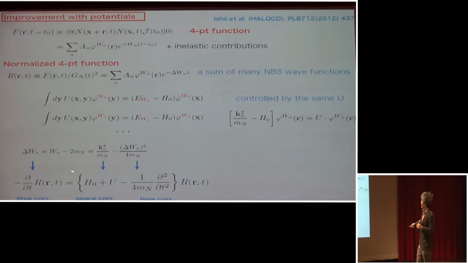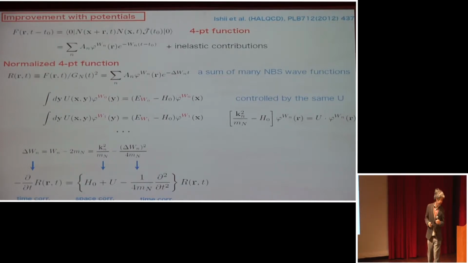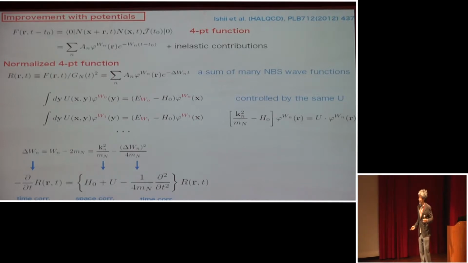Therefore, we can replace this W_n with the time derivative of this one, and W_n squared is the second time derivative, and this k_n squared, using this definition, is equal to U plus H0. So using this quantity R, we can derive the equation for the potential like this. In other words, we use the excited state contamination as signal, not noise.